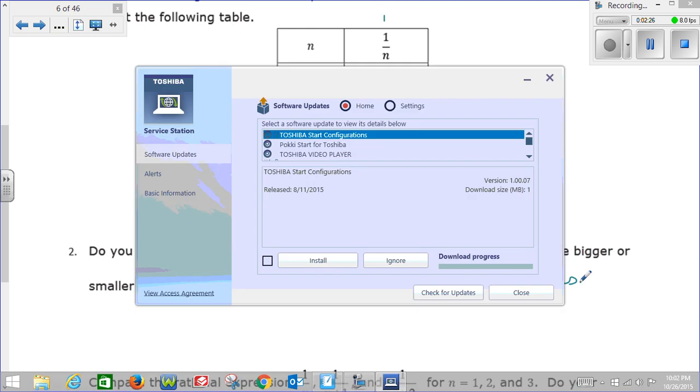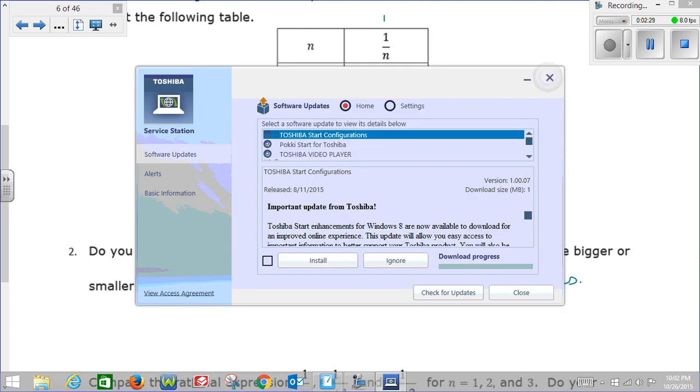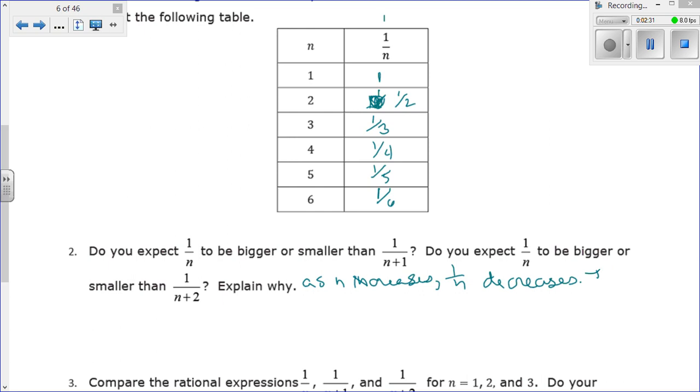This means that if you add 1 to n, then you will get a smaller number.